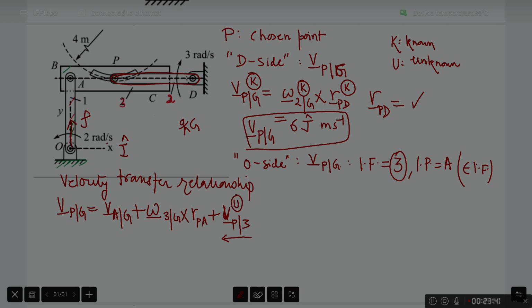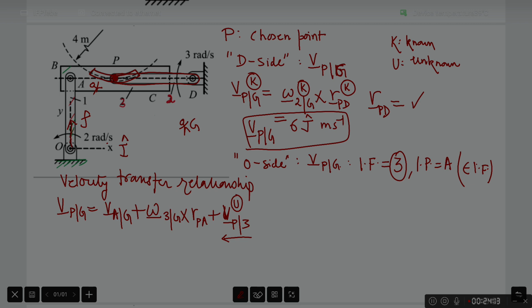However, there is some information after all available about the motion of P with respect to 3, with respect to an observer who is sitting here. The information available is that pin P has to move in this slot that has been cut on RB3.